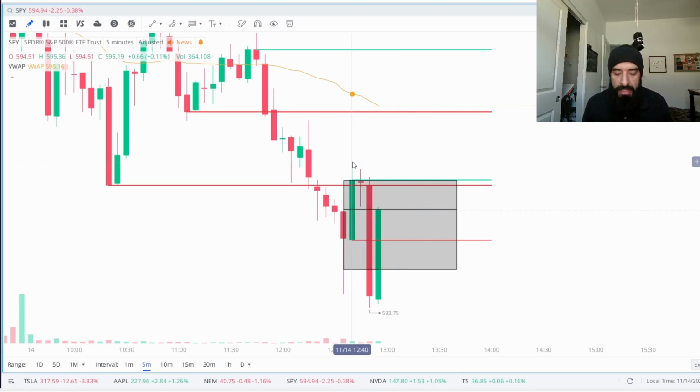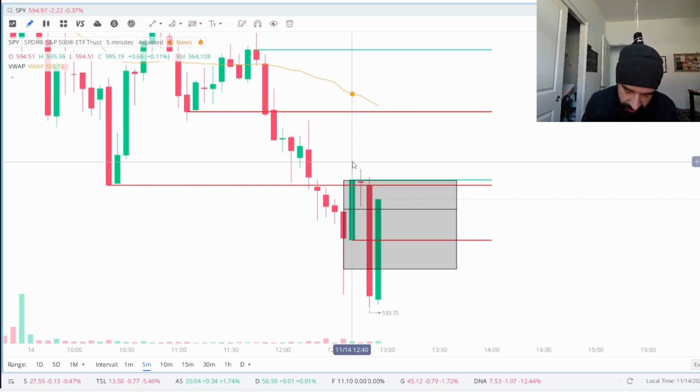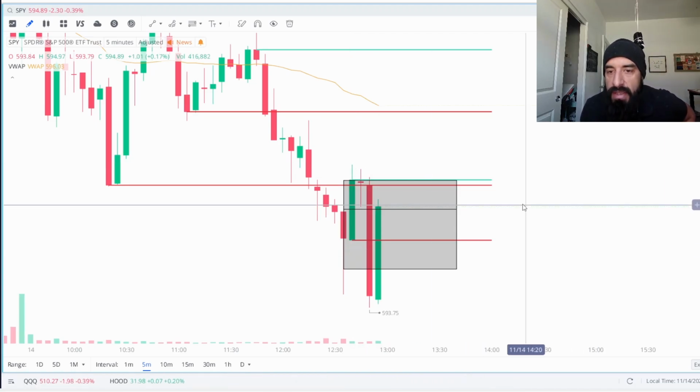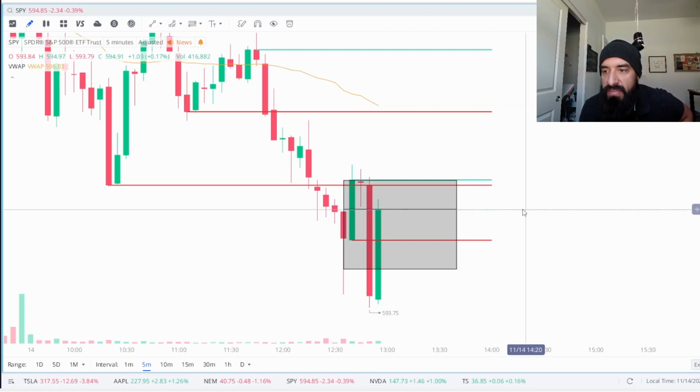So now at this point, what I like to do is get my little calculator to ensure, right? I look at the close of this green candle, 595.19, minus my stop loss, which is 33 cents, so 594.86. So I have to wait for price to close above 594.86.